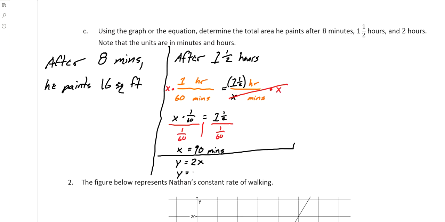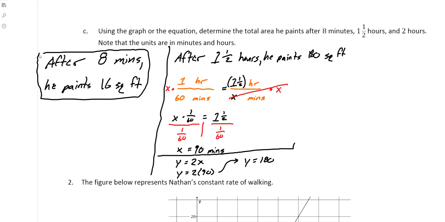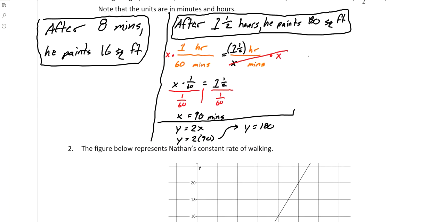So in this case, it'll be y equals 2 times 90. So y will equal 180. So after 1.5 hours, he paints 180 square feet. So there we go. Here we answered one of them. Here we answered another.